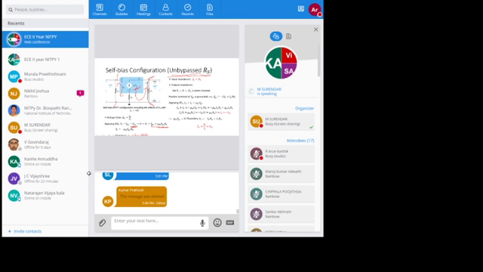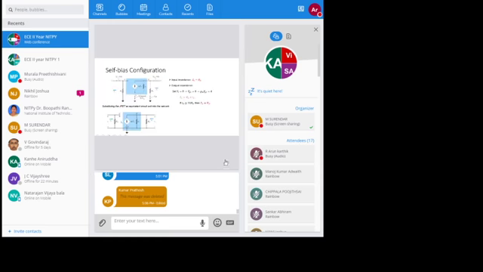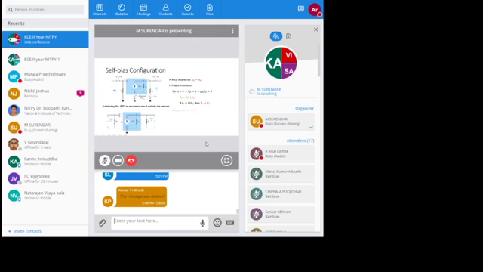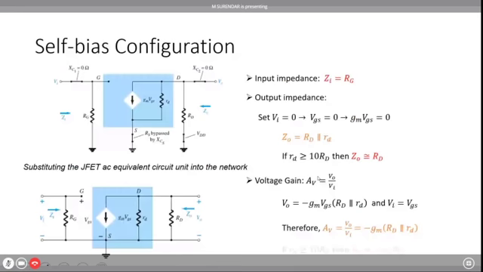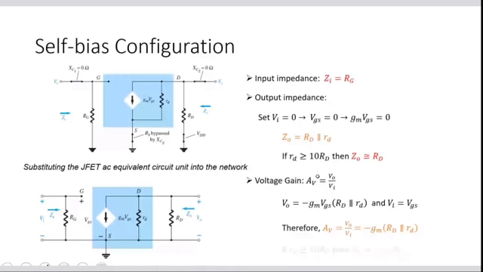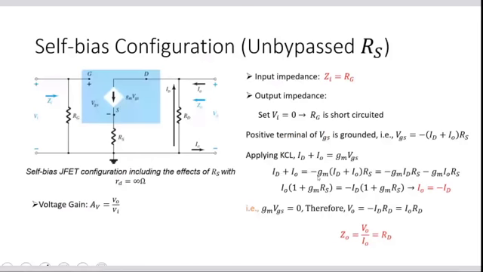So what happens when the bypass capacitor is connected to the circuit? That's what we derived in the previous slide. If you compare this, AV is nothing but minus GM into RD. This is the bypassed one, and when we compare its voltage gain with the unbypassed system, we have a lesser one, because we have the denominator of 1 plus GM into RS here.